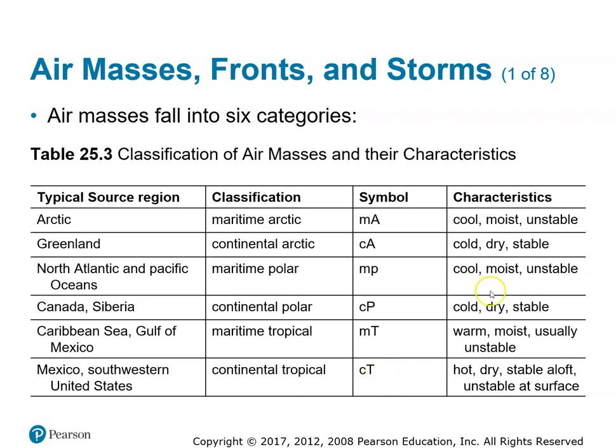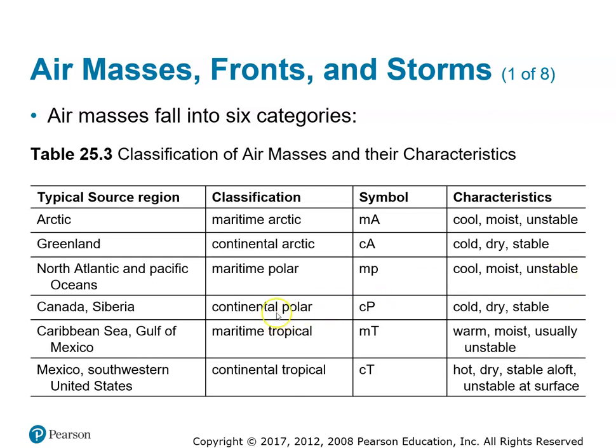All right, and so here are some characteristics. It's definitely good to note that. So if you have maritime Arctic, you have cool, moist, unstable air. These are the tendencies. Okay, continental Arctic, cool, dry, stable air. Maritime polar, cool, moist, but unstable.